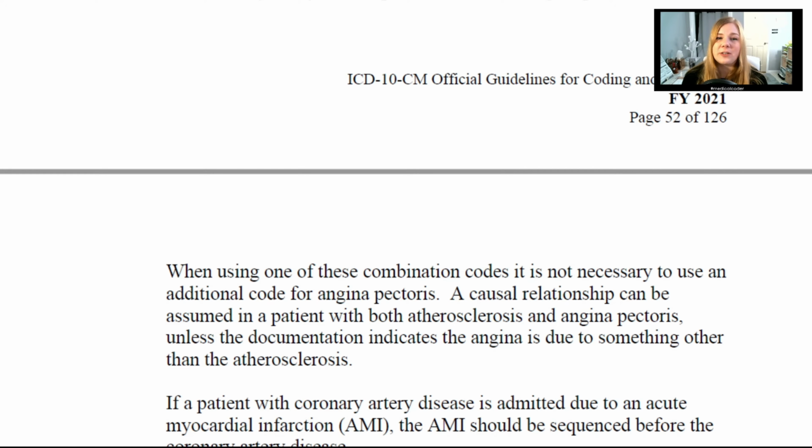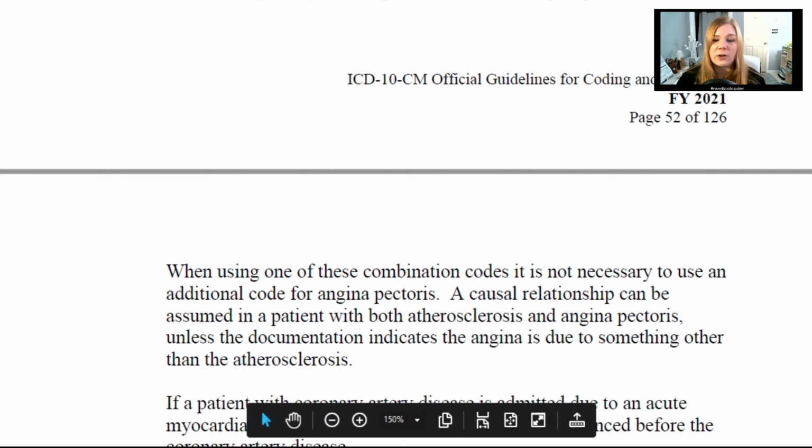Atherosclerotic coronary artery disease and angina. ICD-10-CM has a combination code for these. The subcategories for these codes are I25.11, atherosclerotic heart disease of native coronary artery with angina pectoris, and I25.7, which is atherosclerosis of coronary artery bypass grafts and coronary artery of transplanted heart with angina pectoris.